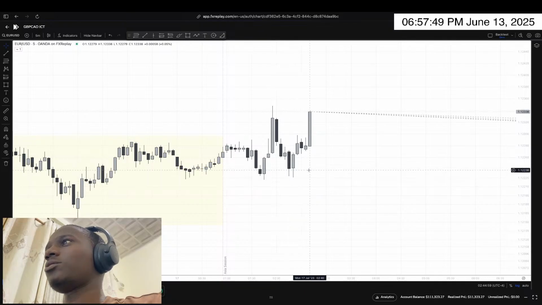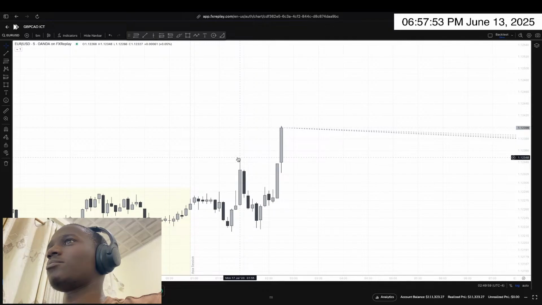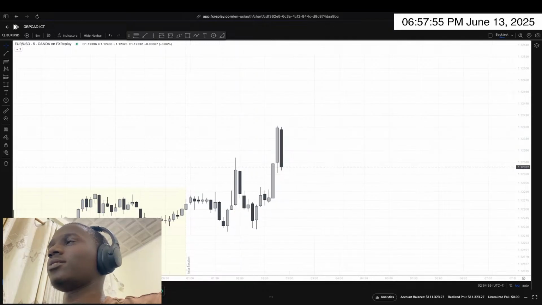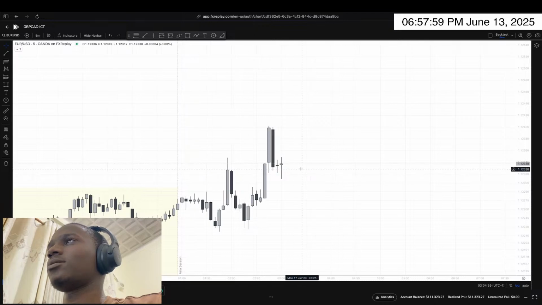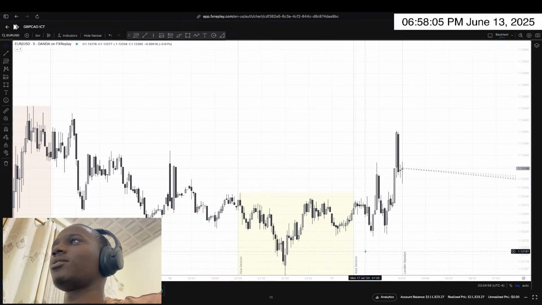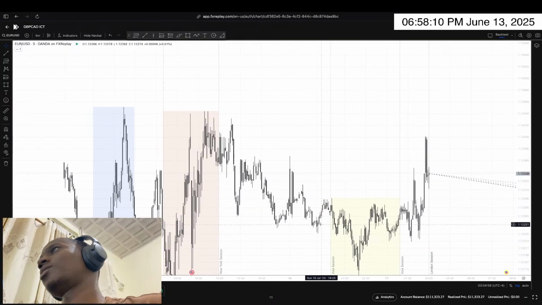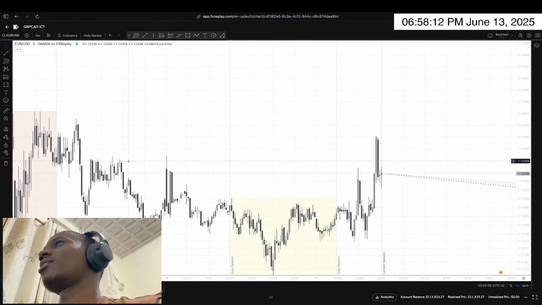So we don't shift, but instead we close above there and then drop into this fair value gap here. You can see we trace into it at 3, exactly at 3, but we didn't have any kind of liquidity sweep, which means we might have our drawn liquidity somewhere at the highs.